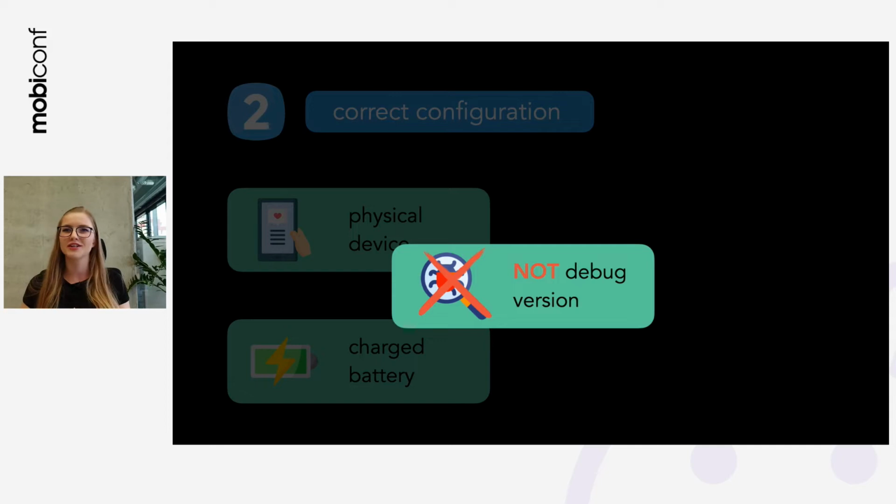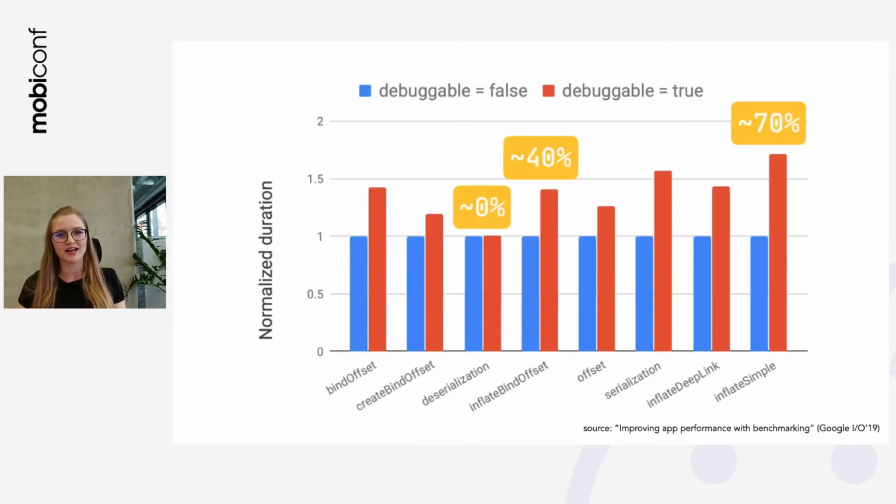Well, but unfortunately, it's not that simple. And here you can see a graph that was shown at Google I/O. This graph shows a comparison of how long it took to execute some methods in the debuggable and non-debuggable app variants. And as you can see, for some methods, the performance difference is very, very low or even non-existent.